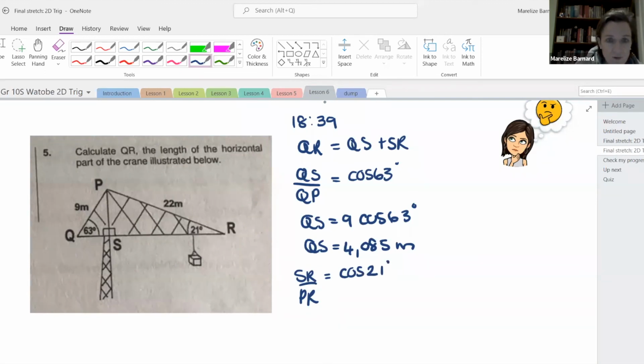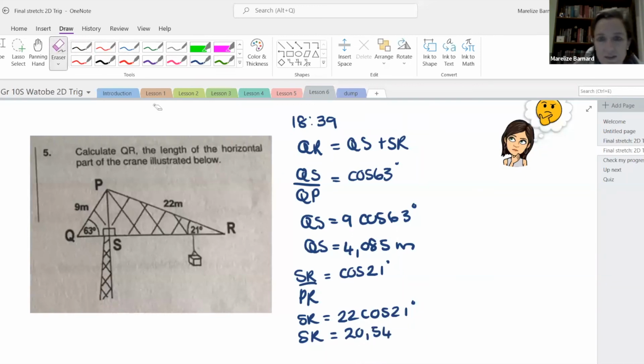PR we know is 22, so SR is going to be 22 times cos of 21. SR rounded off is 20,54.